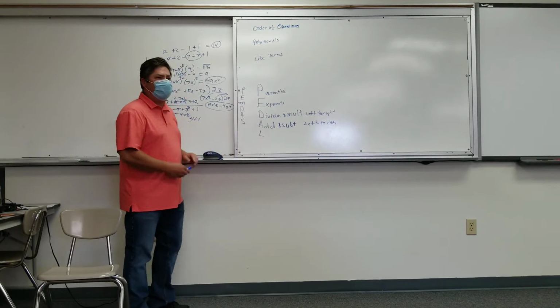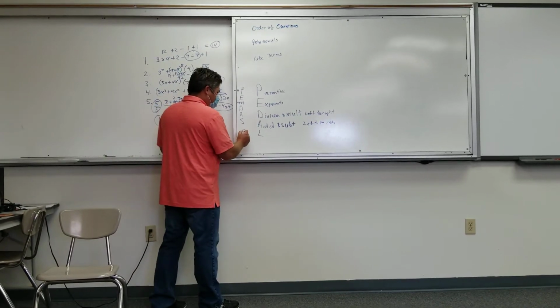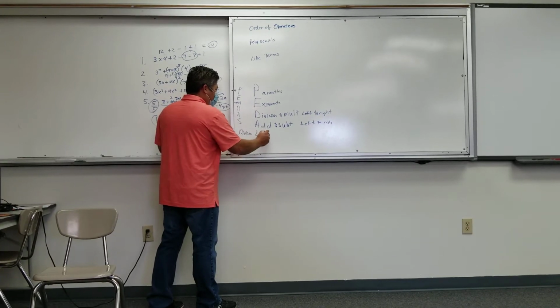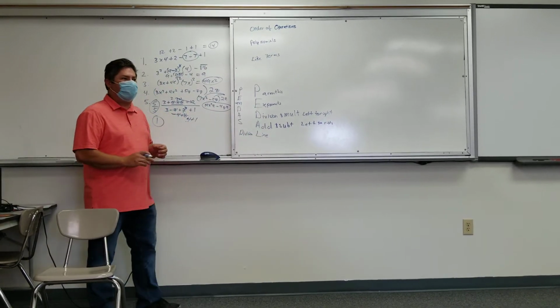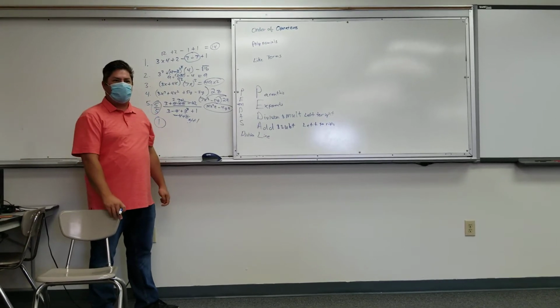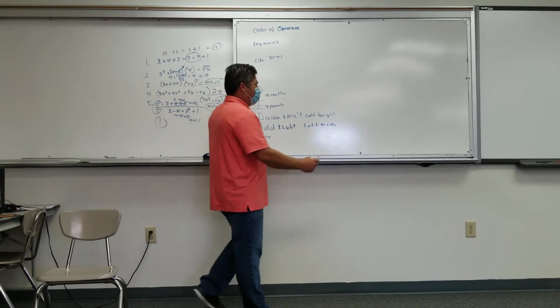Okay, then the final one stands for division line. The division line really is kind of like a parenthesis. You want to do everything on the top and then everything on the bottom before you start reducing. Okay, let me give you an example here.